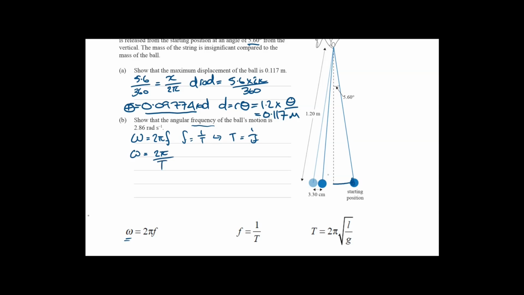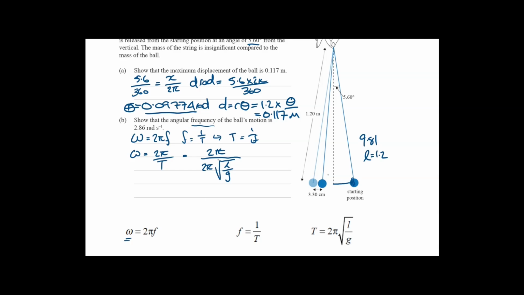Okay, so we've got that. But we know that this T is equal to this. So this is going to be equal to 2 pi divided by 2 pi root L over g, where g is 9.81 and L is the length of the string, which is 1.2.